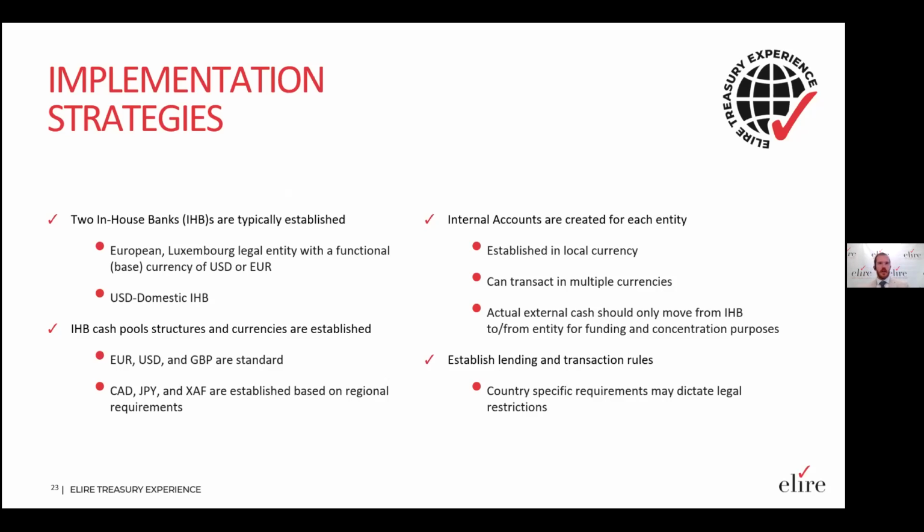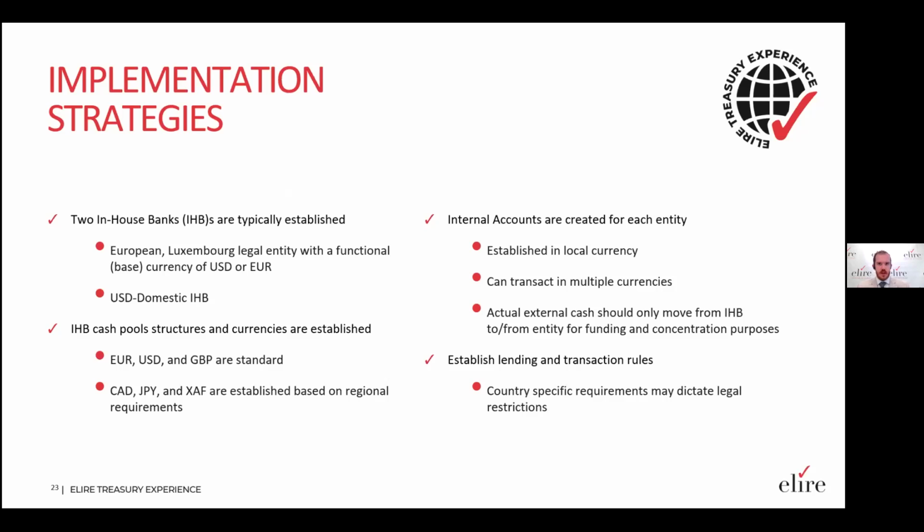Typically, internal accounts are going to be created for each entity as well, whether they're a high-level participant who's also utilizing multilateral netting or not. We'll typically establish an internal account for each entity within the organization. It's established in the local currency. For the most part, we'll also have those direct settlement accounts for IHB if we're looking at settling in our standardized operational currencies like USD and Euro.